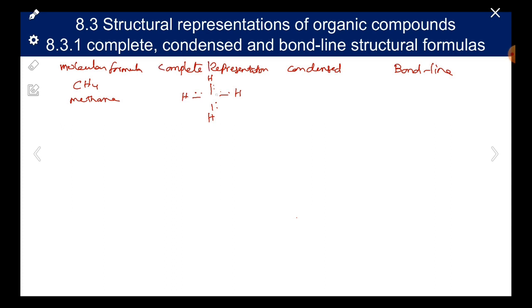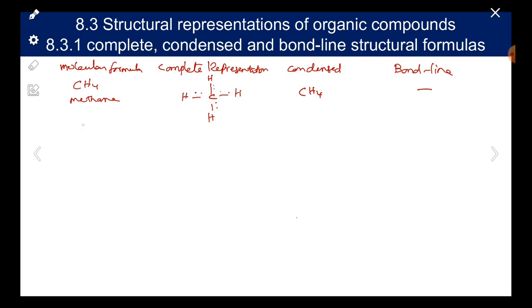Condensed structure. In condensed structure we simply write the molecular formula. Okay, very simple, we write the molecular formula except where there is a branches. We will see those examples also. Okay, in bond line structure there is no bond line structure for methane. Okay, let's go to the next molecule, ethane.